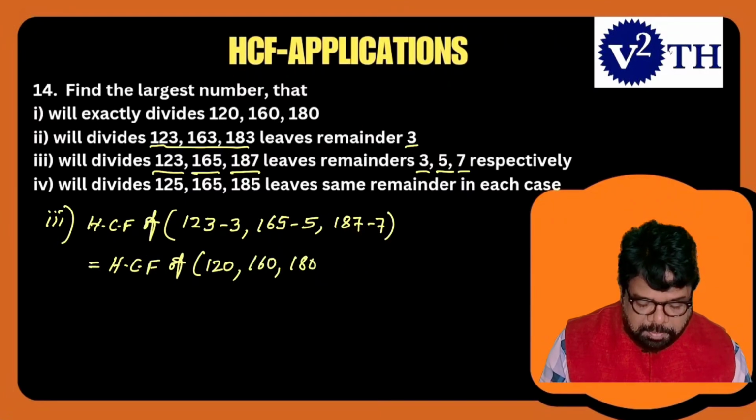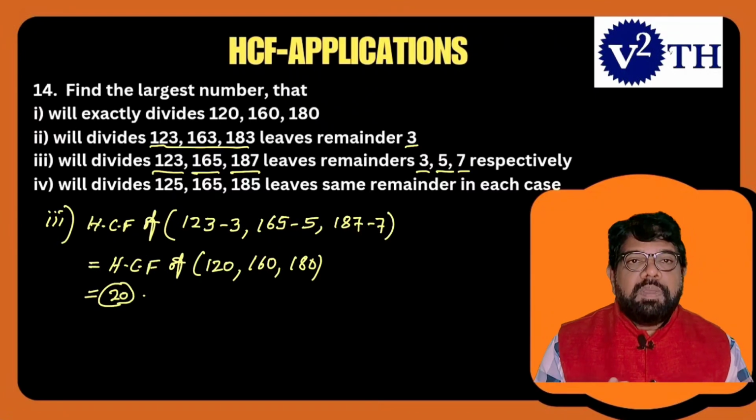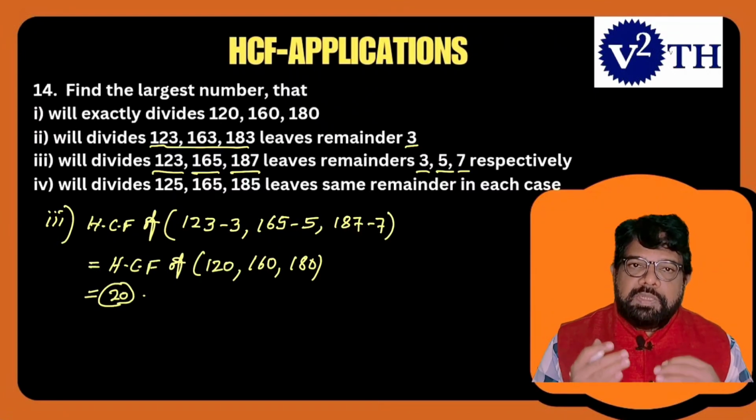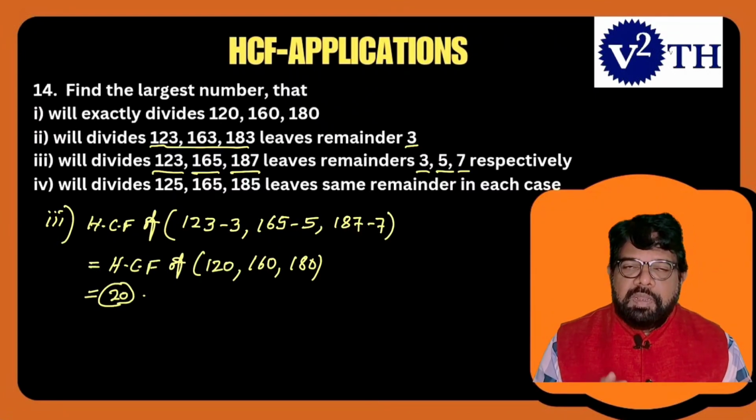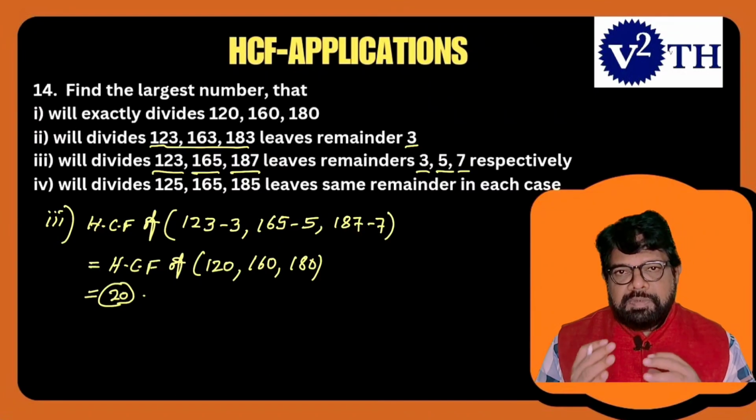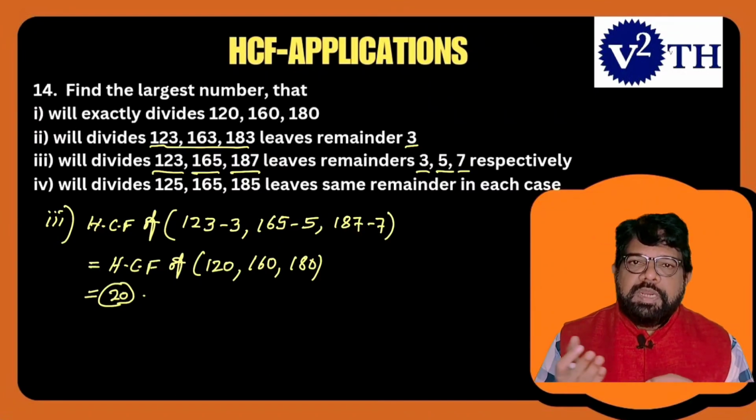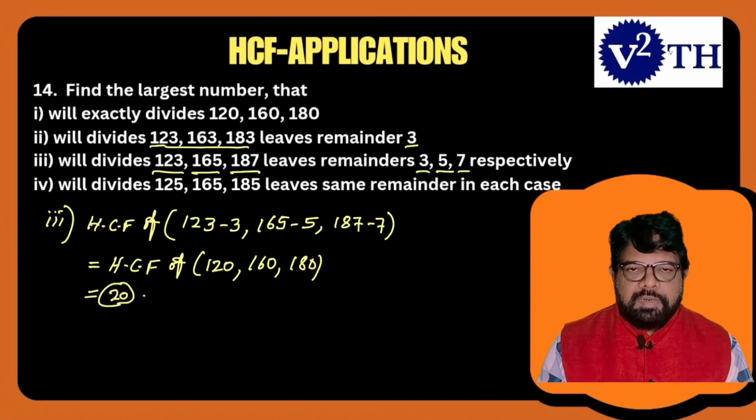We know the HCF, 20 is the HCF. That is the largest number that will divide 123, 165, 187, leaves remainders 3, 5, 7 respectively. When 123 is divided by 20, remainder is 3. When 165 is divided by 20, remainder is 5. When 187 is divided by 20, remainder is 7.